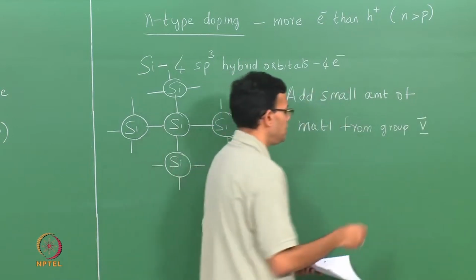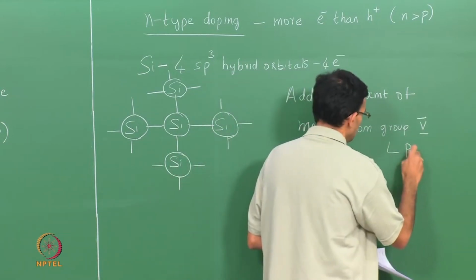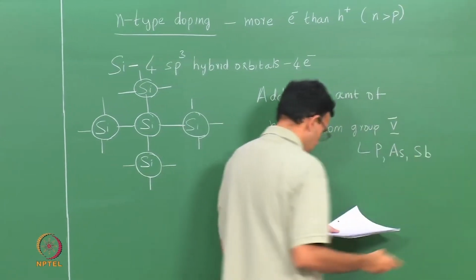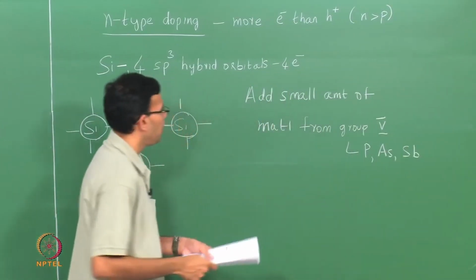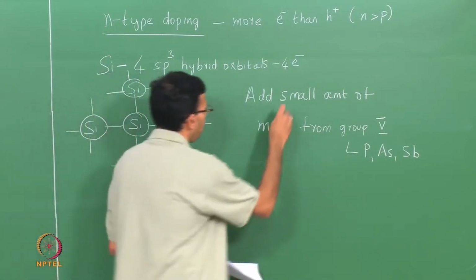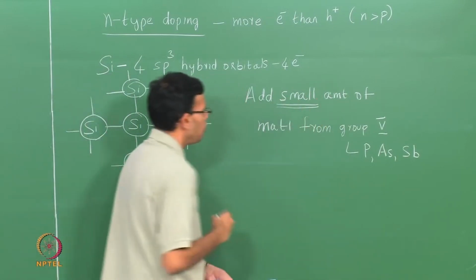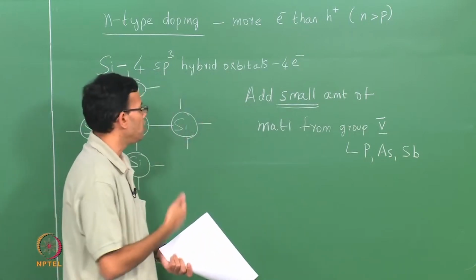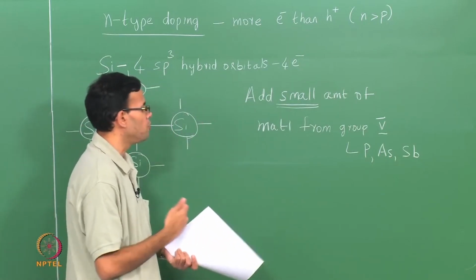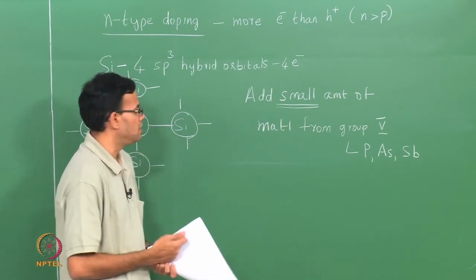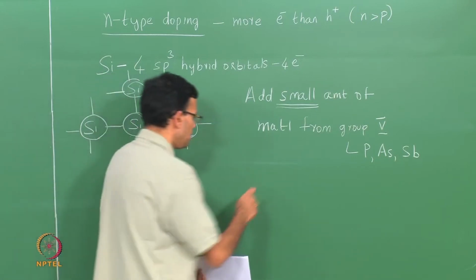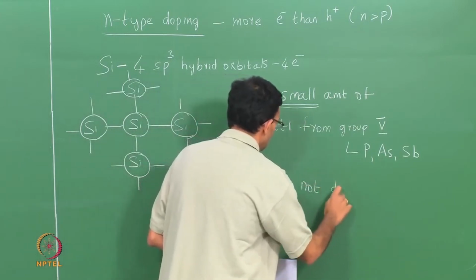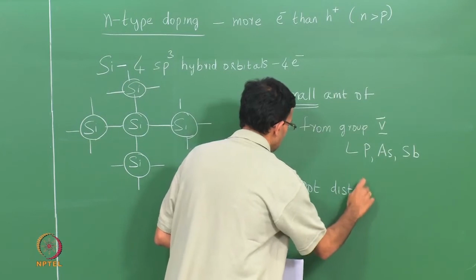Examples of such material could be phosphorus, arsenic, antimony. Again, we only add a small amount so that the original silicon lattice is not disturbed, but what it does instead is the group five material goes and sits in the place of silicon. So, we do not disturb the silicon lattice.